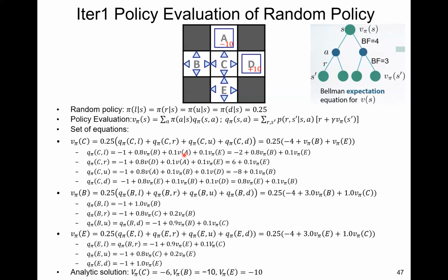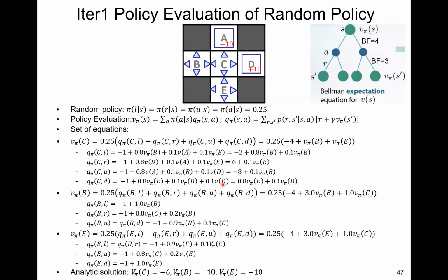You know VA is -10. It's a terminal state. So you can plug in that term to get -2 in front. If you go right, you get this expression: 80% chance of ending in D and 10% chance of ending in A or E. So you get 6 plus Vpi E. If you go up, you get this expression.